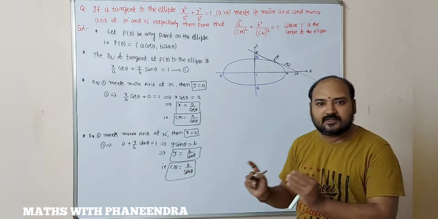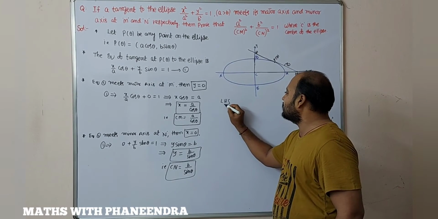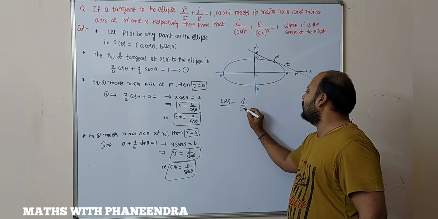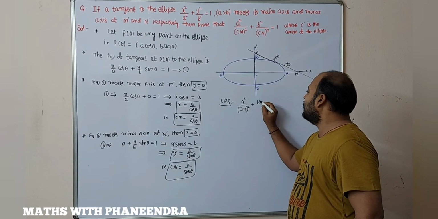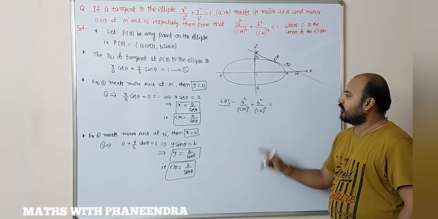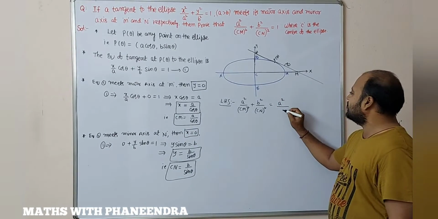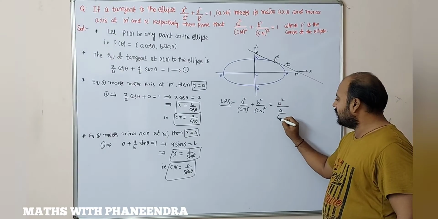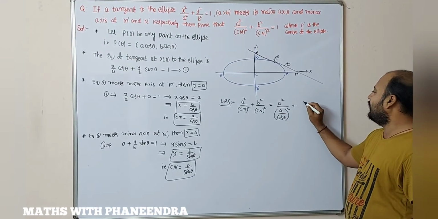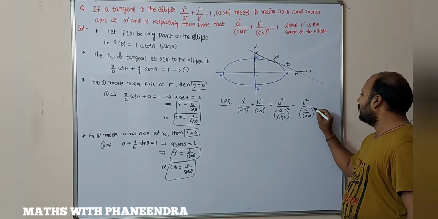After getting these results, prove what they are saying. So now consider LHS. What is that LHS? a square by CM square plus b square by CN square is equal to a square divided by CM value a by cos theta, a by cos theta whole square, plus b square by b by sin theta whole square.